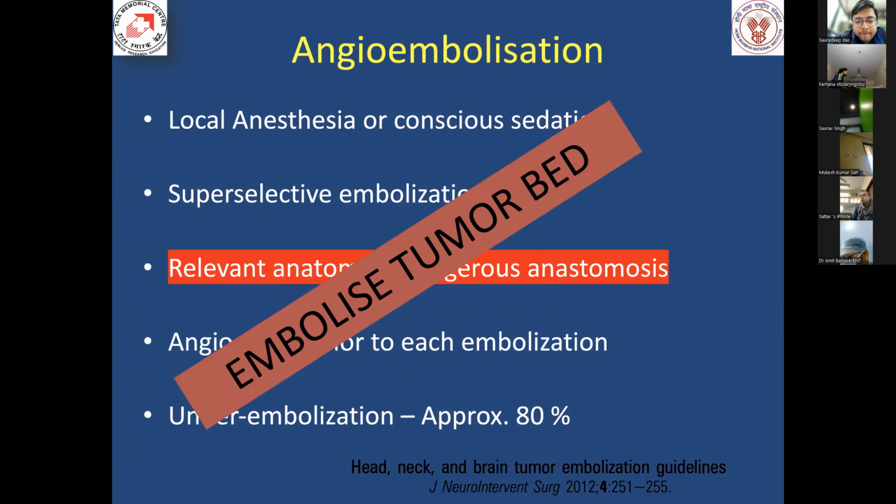We need to understand there is a basic difference in how to control the tumor by surgical ways and by IR ways. Now there is a source in the head and neck region, which is a tumor. That tumor is hypervascular. This hypervascular tumor will get blood supply from many arteries.